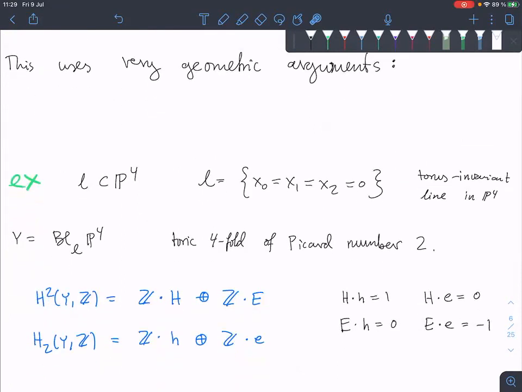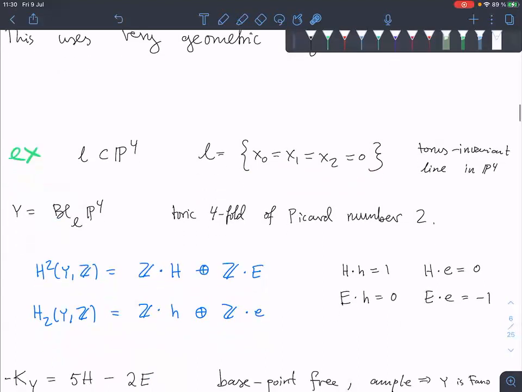This example is very similar to the blow-ups in Carolina's talk. We take some line in P4, say given by x0, x1, x2 equal to 0.